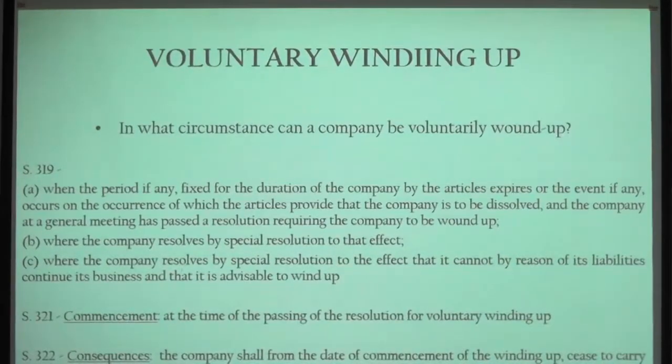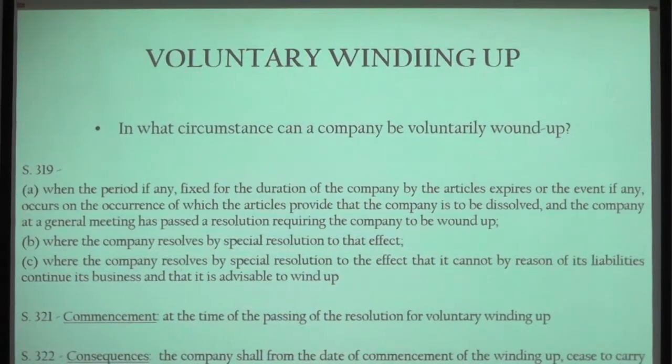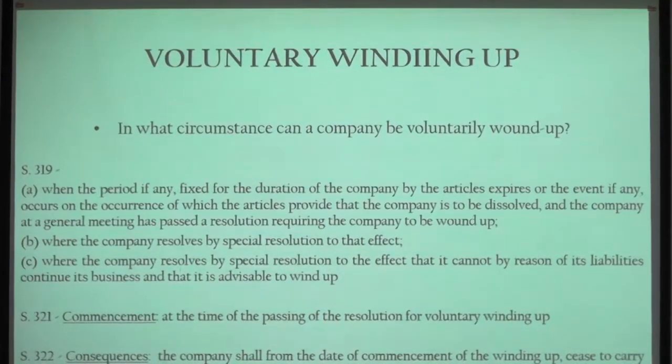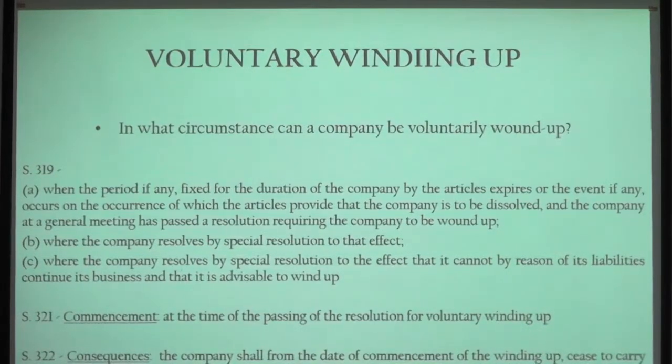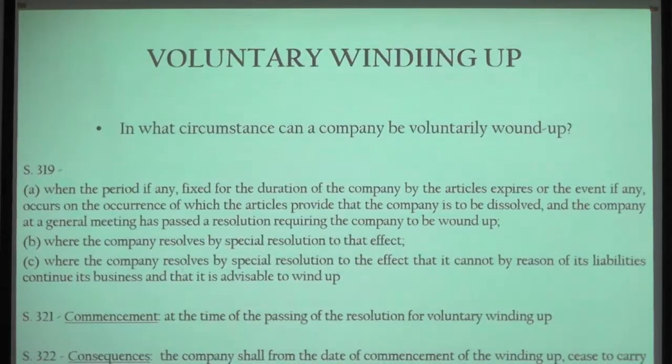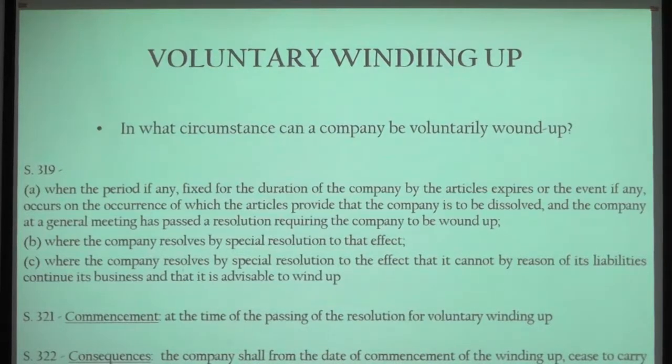Now, let us look at the second way of winding up of a company. This is not a type of forcible winding up. This is what we call voluntary winding up. Voluntary winding up is two-fold: the shareholders winding up and the creditors winding up.